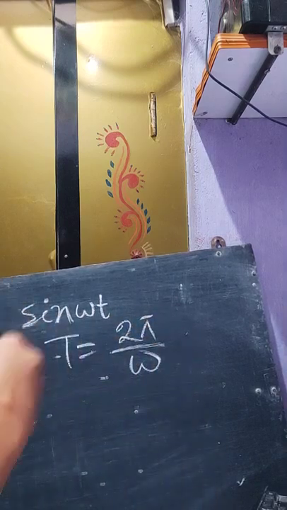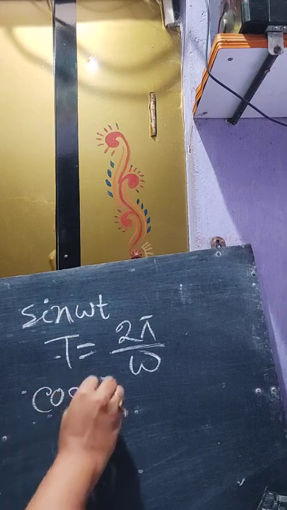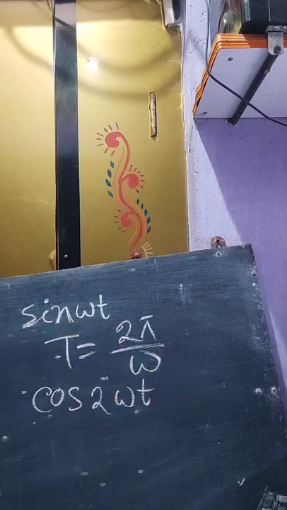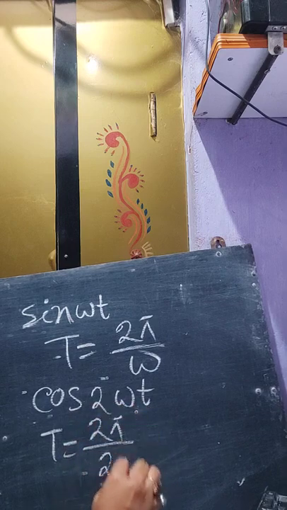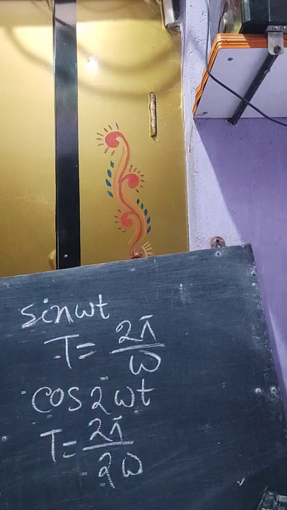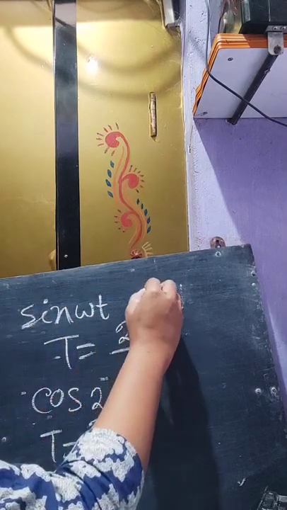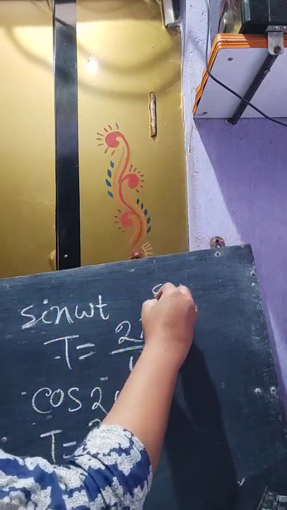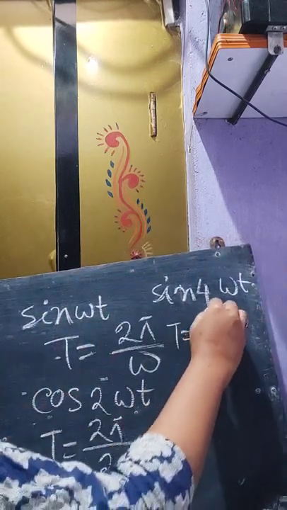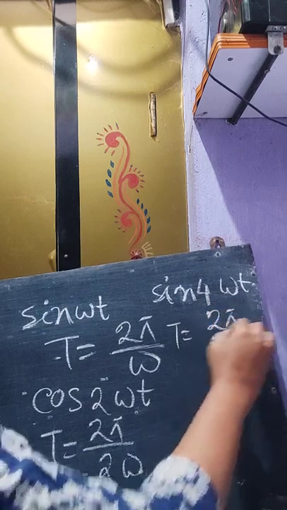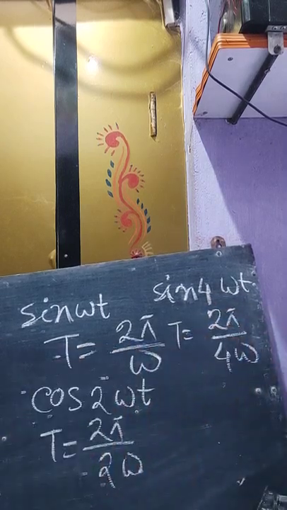So, if I write cos 2 omega t, then what will be the time period? The time period will be 2 pi by 2 omega. Similarly, if I write the expression as sine 4 omega t, the time period for this will be 2 pi by 4 omega.